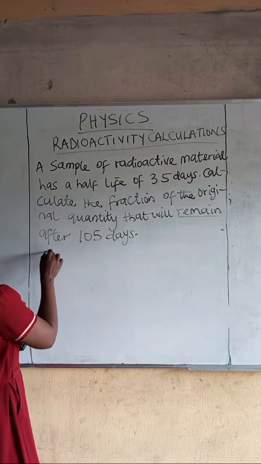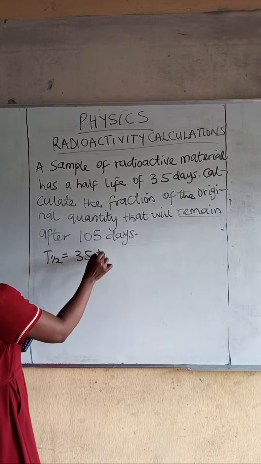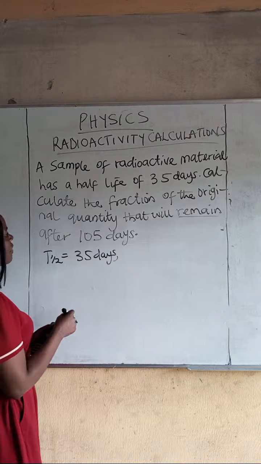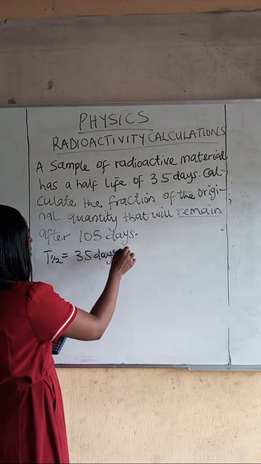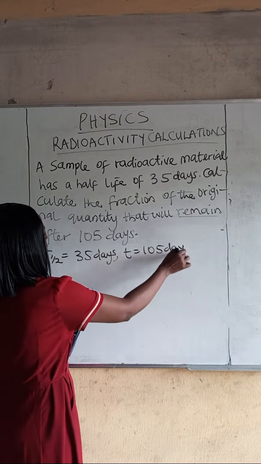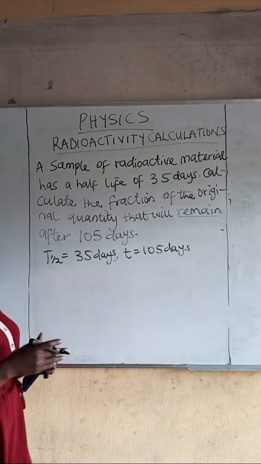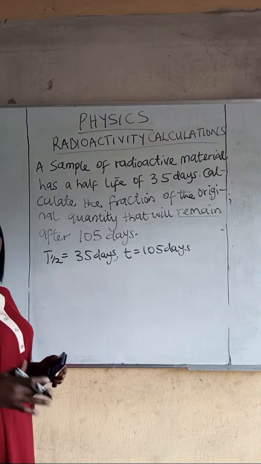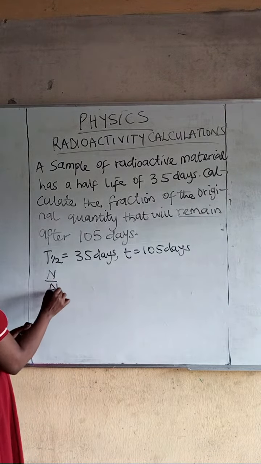My half-life is given as 35 days, my time is given as 105 days. What are we looking for? The fraction of the elements that will remain, so I'm looking for N over N naught.